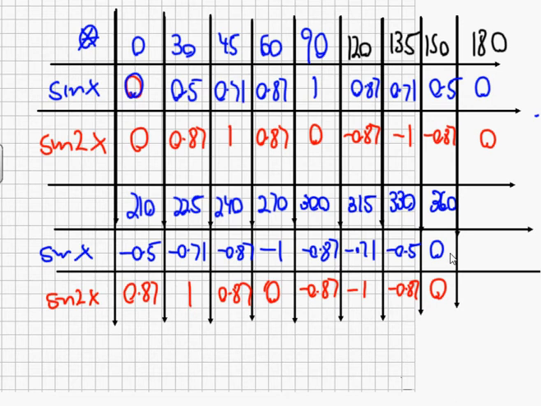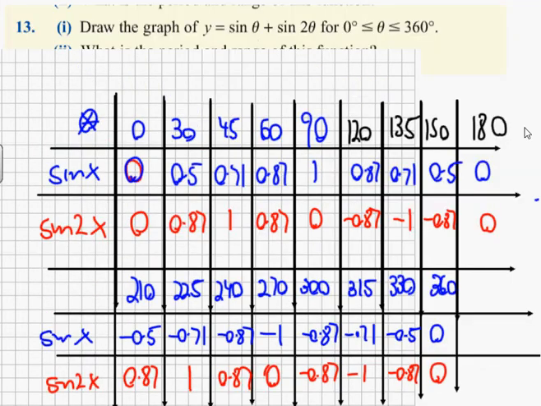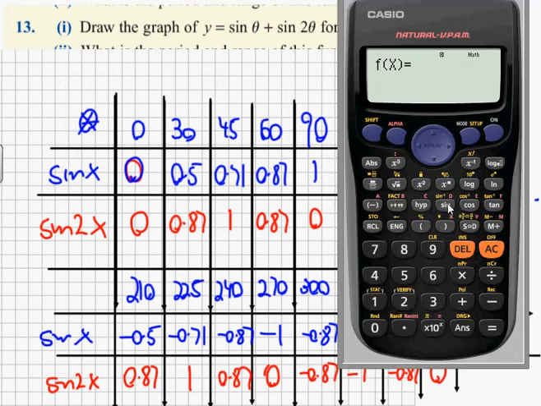Now, guys, let me describe what's happening. We have a blue function and a red function. Now look what happens when we do the composite of them. In this question we were asked to do sine theta plus sine 2 theta, so you can do sine x plus sine 2x.